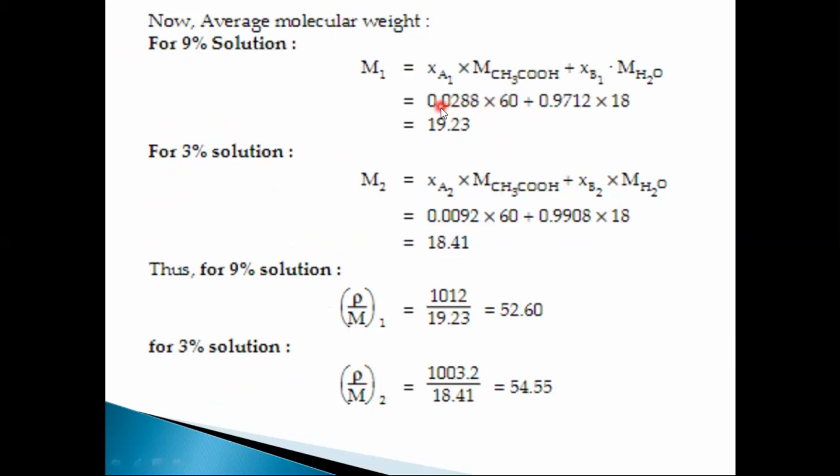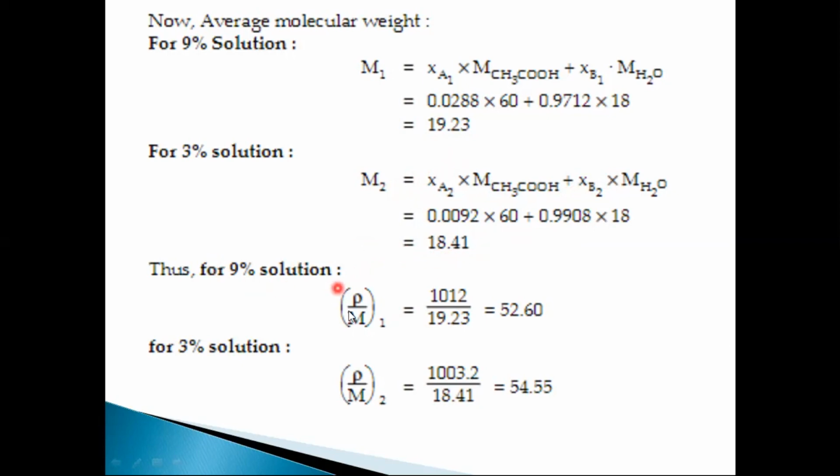That is 0.0288 into 60 plus 0.9712 into 18, which means M1 is equal to 19.23. That is for the 9% solution. For the 3% solution, similarly, M2 is equal to XA2 into M of CH3COOH plus XB2 into M of H2O. So it is 0.0092 into 60 plus 0.9908 into 18. M2 is nothing but 18.41.